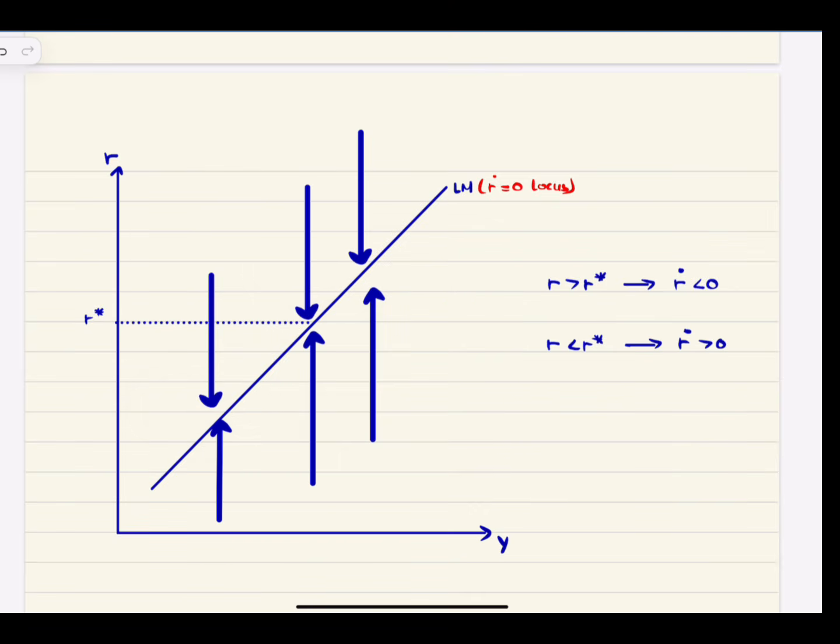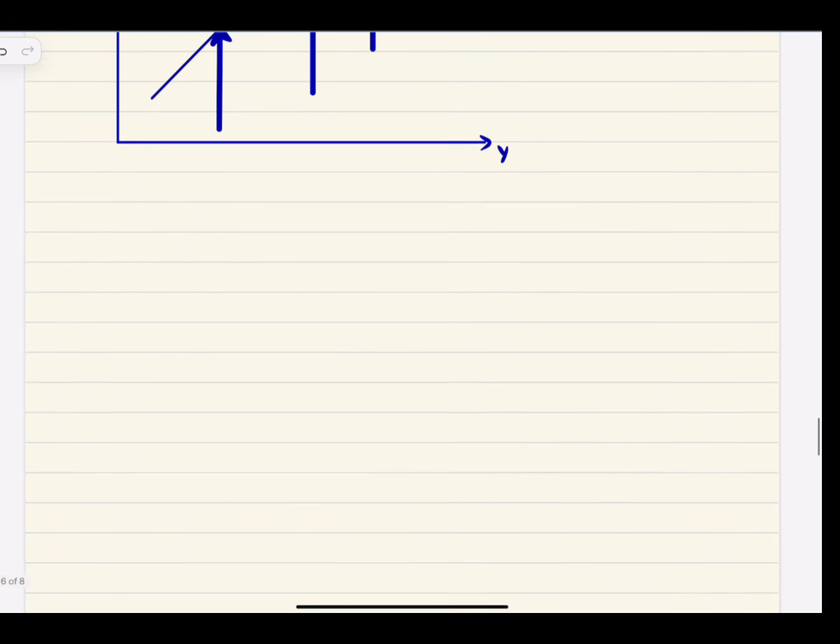Okay, I hope nobody's suffering emotionally so far. A little tip that I have is that we can think of the direction of motion in terms of a velocity vector.